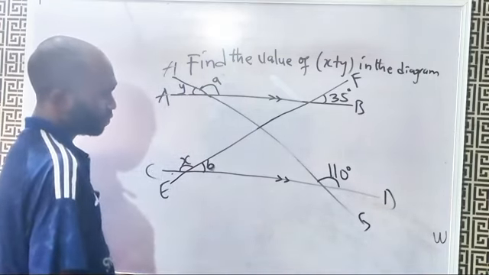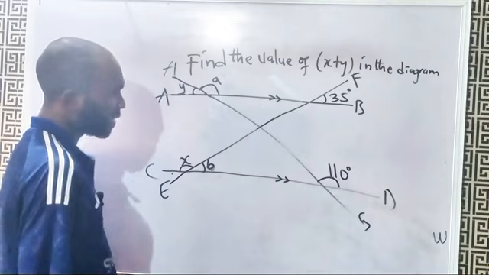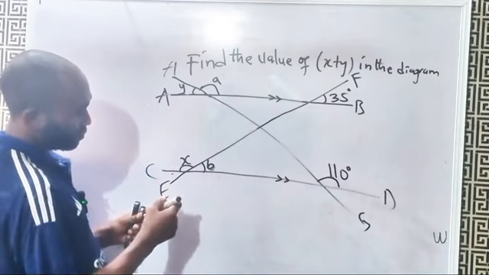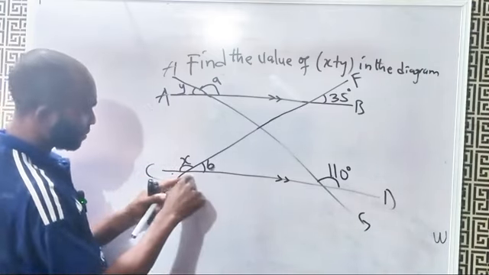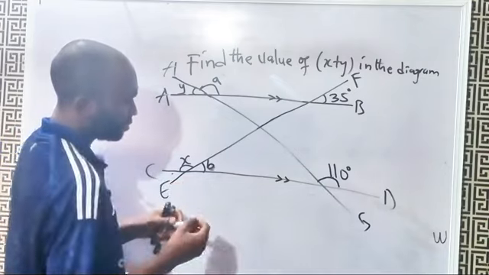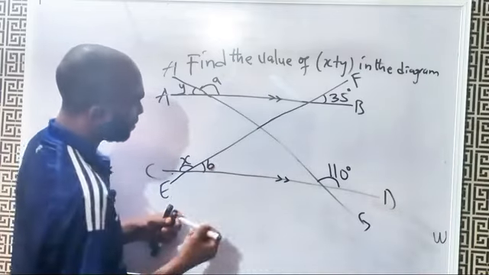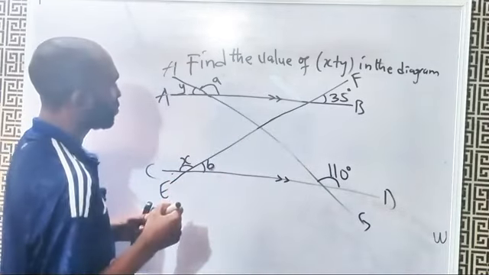So we have two parallel lines here and two transversals drawn across the two parallel lines. Don't rush it, but if you look at this line here, this transversal is drawn across it, and this one is drawn here across it.